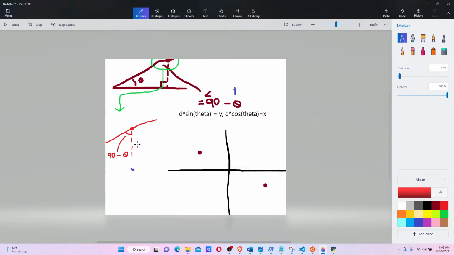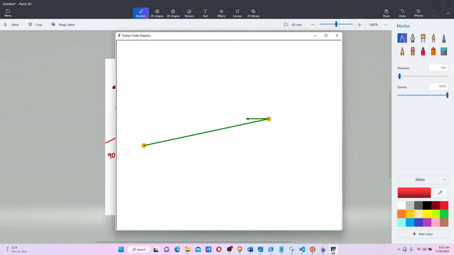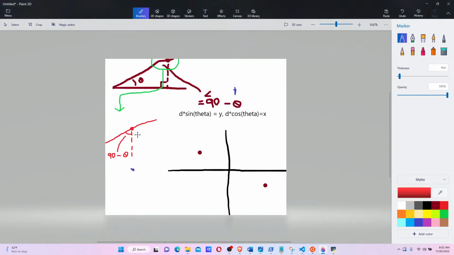Now, the problem I was having in Turtle is it turns straight back like that. So it gets to here, but in Turtle, the point is facing over here, and so I can do a full turnaround.